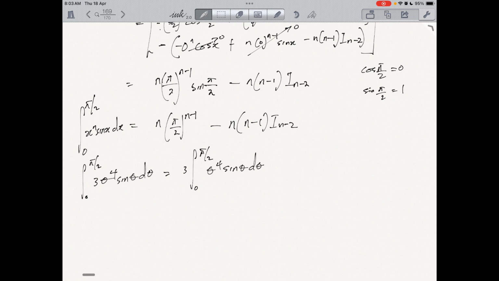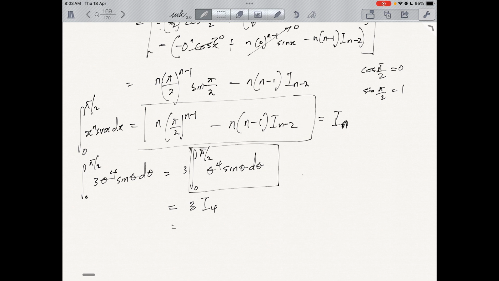Now we can rewrite all of this to give us In. We know that n here is equal to 4. Therefore, this will give us 3 I4, because everything from here is I4.